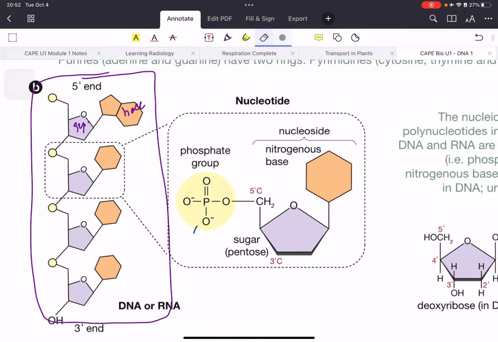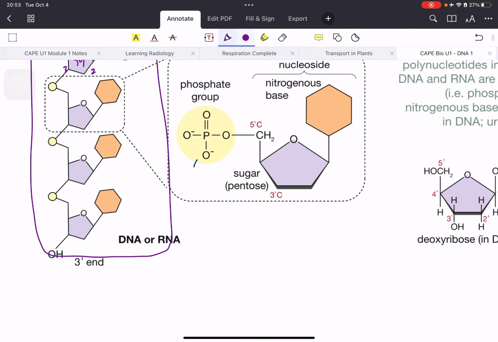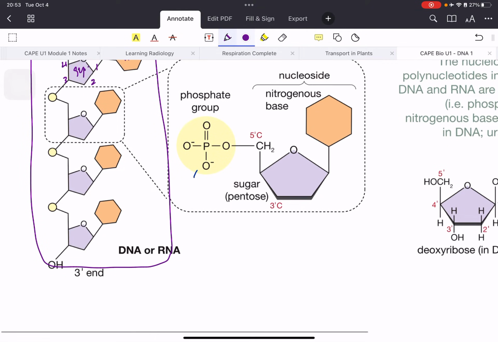This is called the 5' end, because if you count the carbons, 1, 2, 3, 4, and there's the 5th one here, you can see the phosphate is bound to the 5th carbon atom. That's why we call it the 5' end. And this end down here will be called the 3' end, because there's a bond at the 3rd carbon atom.